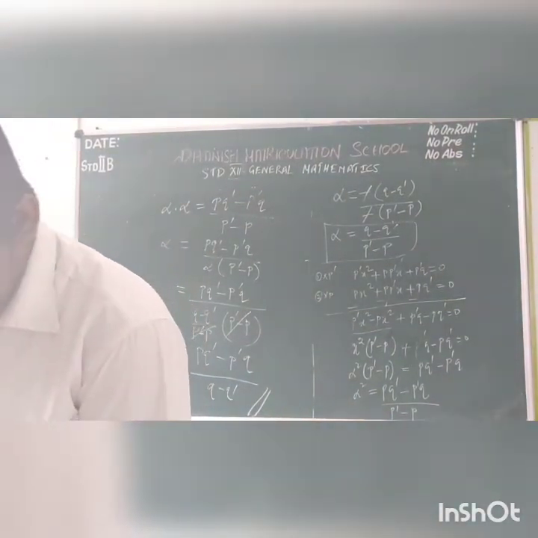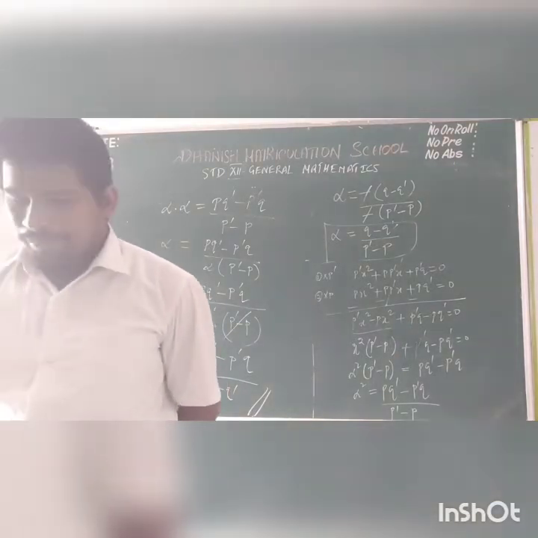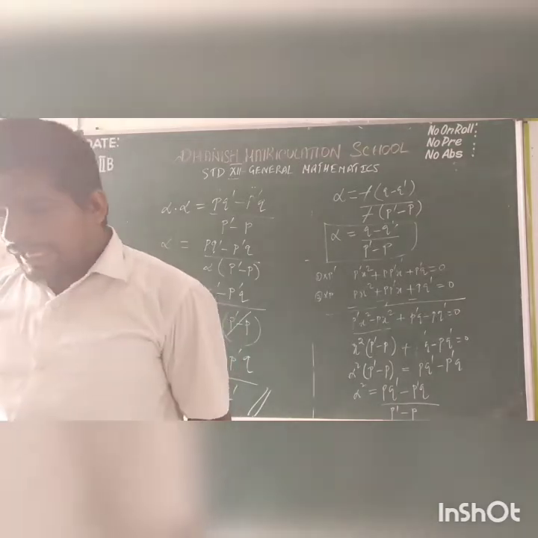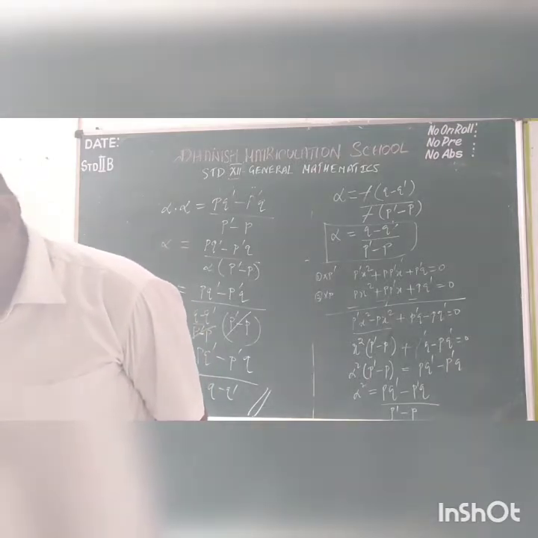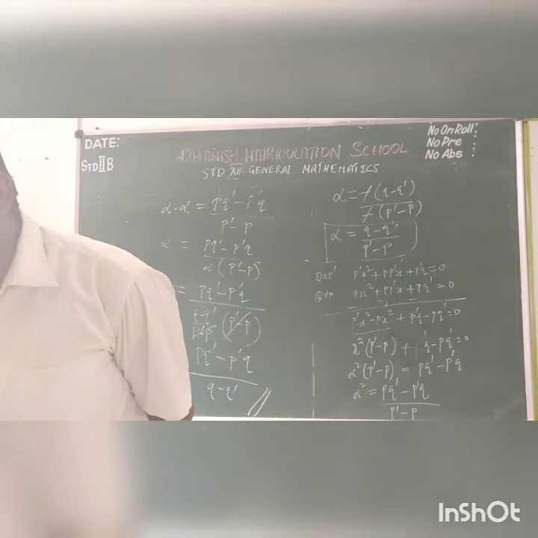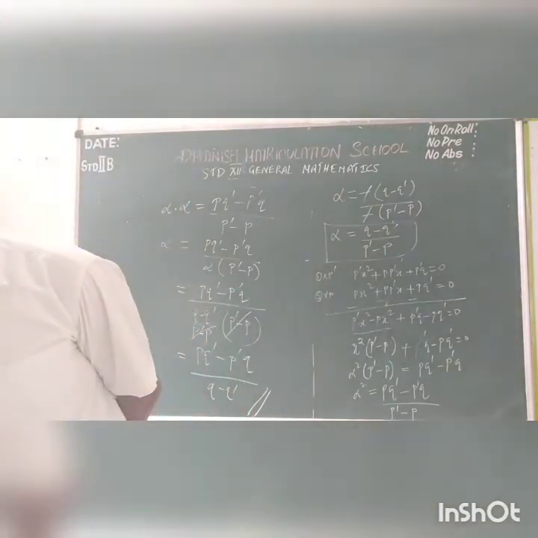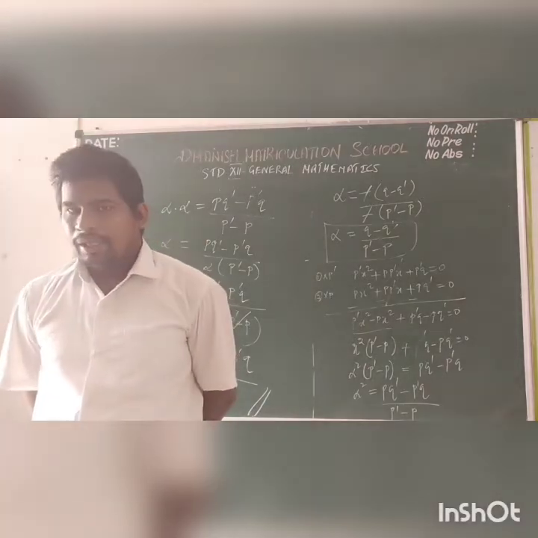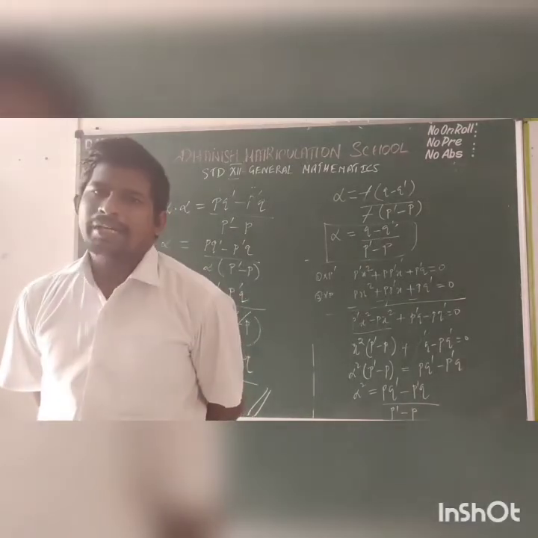Then look at the eighth one. We are going to do the eighth sum. If alpha, beta, gamma and delta are the roots of the polynomial equation 2x power 4 plus 5x cube minus 7x square plus 8 equal to 0, find a quadratic equation with integer coefficients whose roots are alpha plus beta plus gamma plus delta and alpha beta gamma delta.